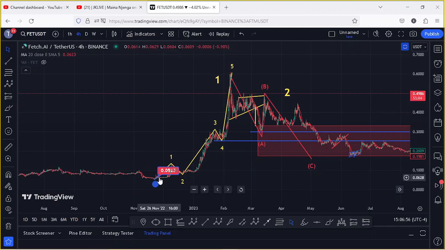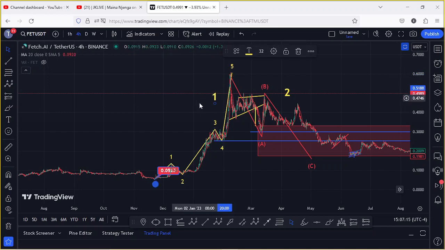You can see that after getting our lows last year back in November at around the $0.0525 mark, we peaked in a 5-wave structure over here, having the wave 5 giving us a high above the $0.61 mark, completing the formation of this Elliott wave count 1 to the upper side.